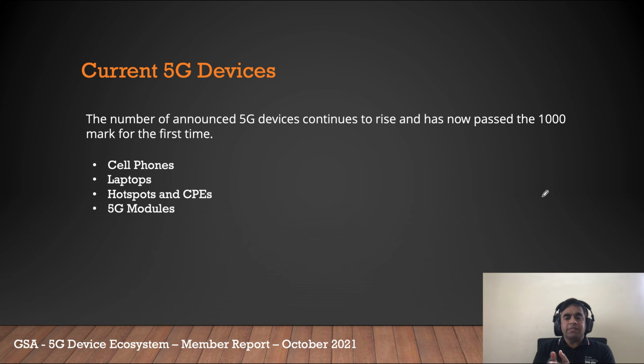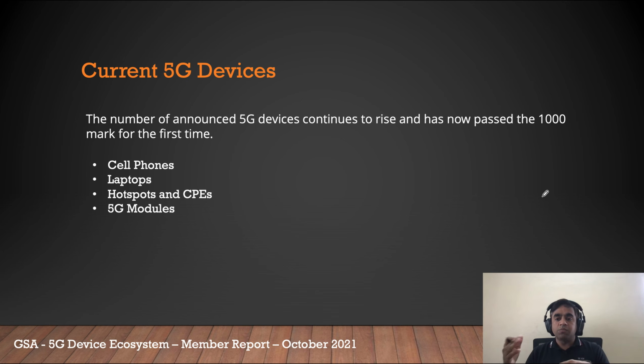So for the device ecosystem, there is nothing much that we can talk about here because these are the product-based companies who make their devices 5G compatible. The number of 5G devices continues to rise, and now I was looking at this GSA 5G device ecosystem report, which is available online on their website.